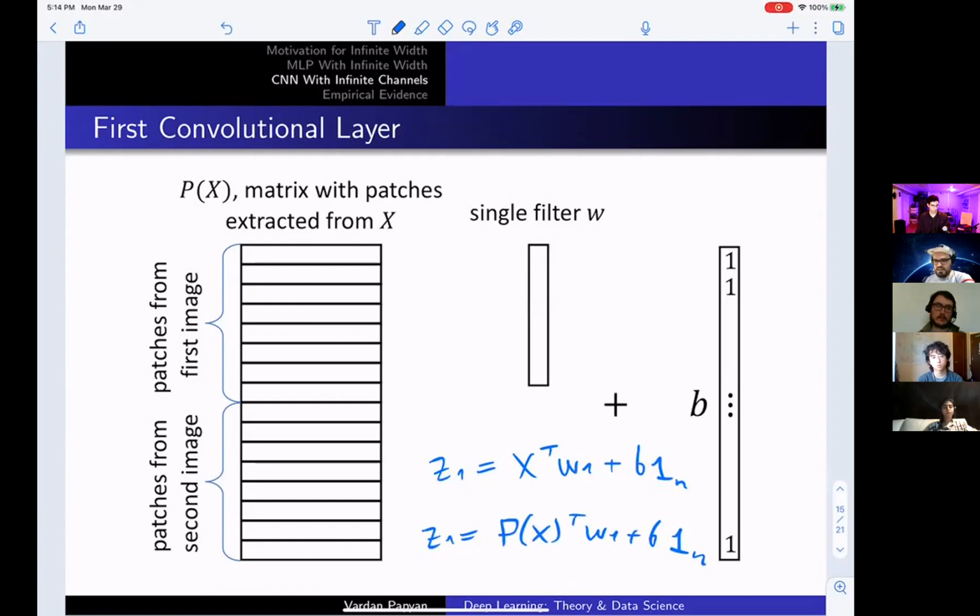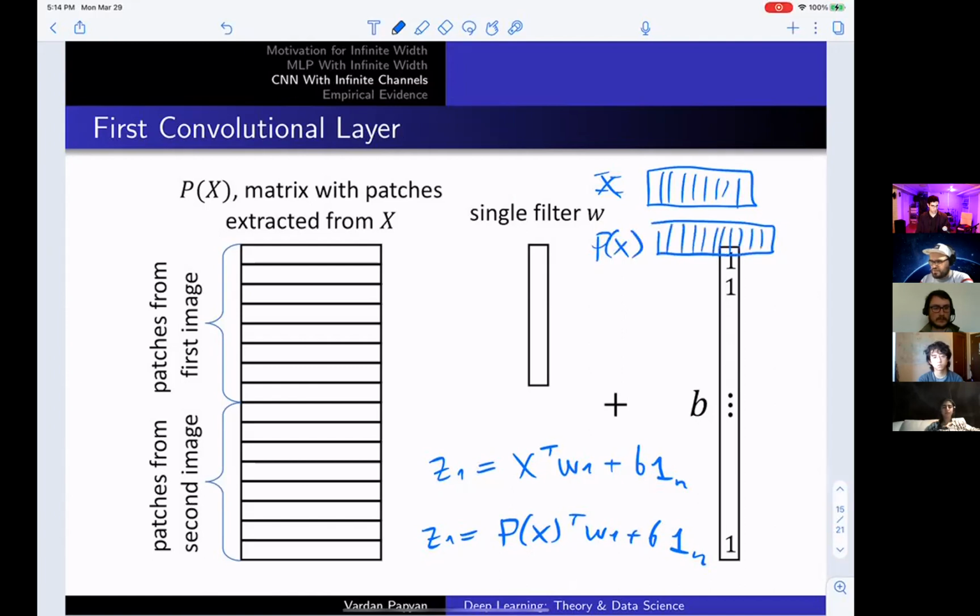So instead of X, which contains in each column a different example, you would have patches from the first image, patches from the second image, and so on.